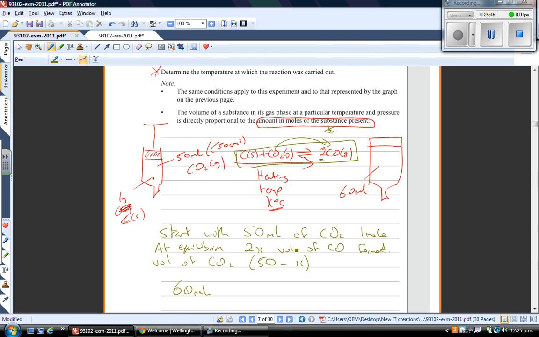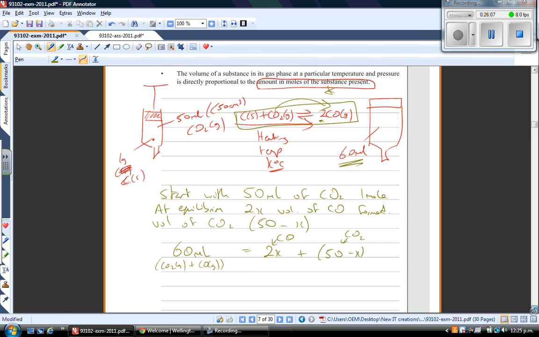So at the end, you have 60 mLs of gases, and that's going to be CO2 gas plus your carbon monoxide gas is equal to 2x plus your 50 minus x. So remember, this represents your carbon monoxide and this represents your carbon dioxide.